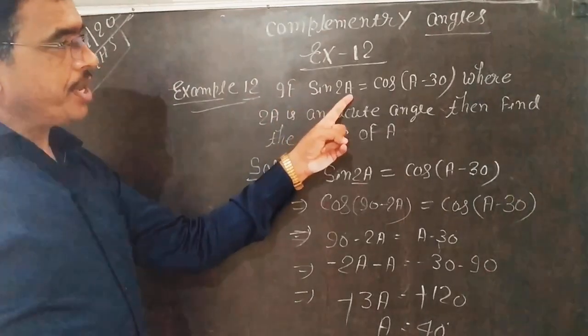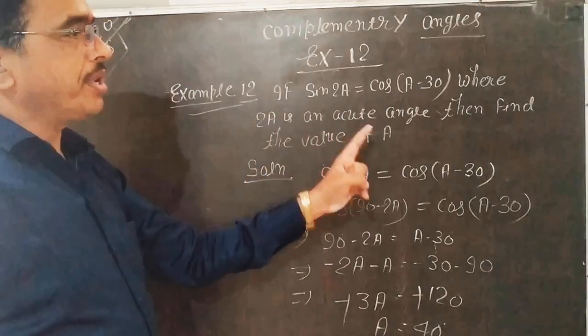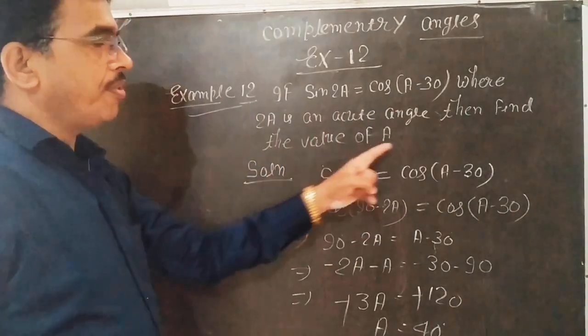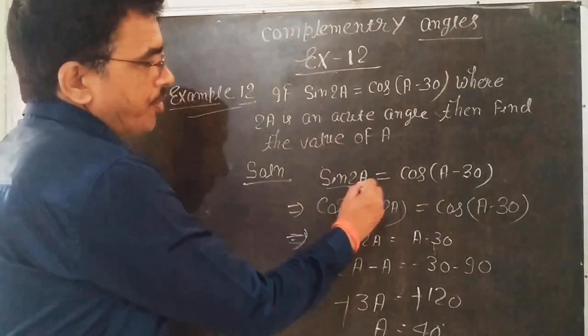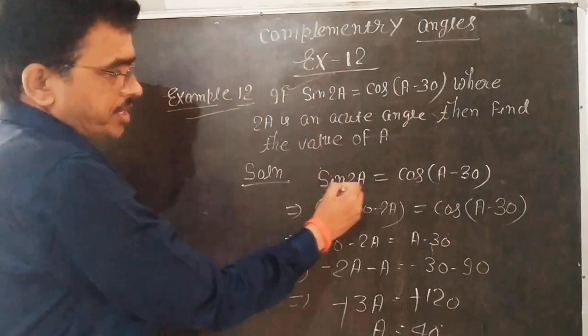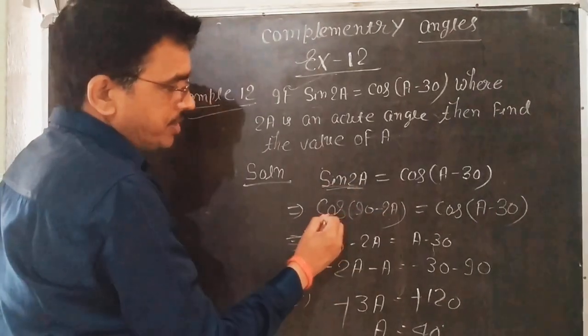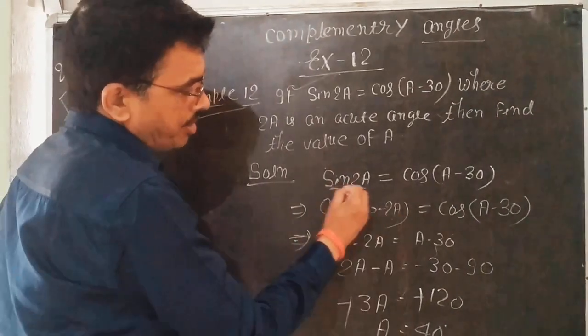Example 12, exercise 12. If sin 2a is equal to cos a minus 30, where 2a is an acute angle, then find the value of a. Sin 2a is equal to cos a minus 30, it is given in your question. This sin 2a we can write as cos 90 minus 2a, because cos 90 minus theta is equal to sin theta.